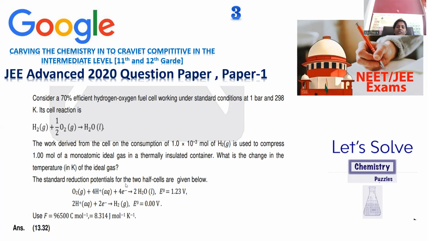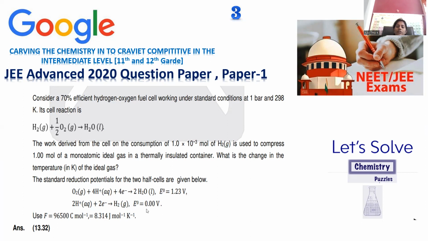The standard reduction potentials are provided. Oxygen, by gaining 4 H+ ions and consequently 4 electrons, gives 2 water, and for that the standard electrode potential is 1.23 volts. Hydrogen, by gaining or losing electrons, is converted into hydrogen gas, and the standard electrode potential of hydrogen is always arbitrarily fixed as 0.